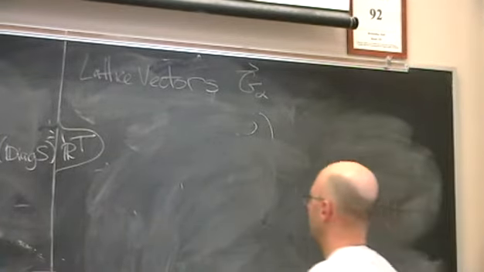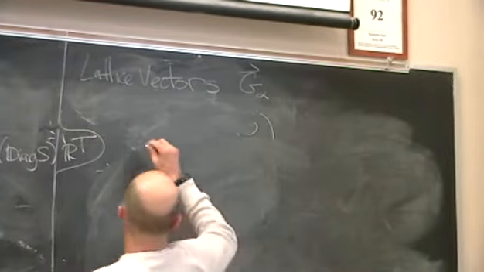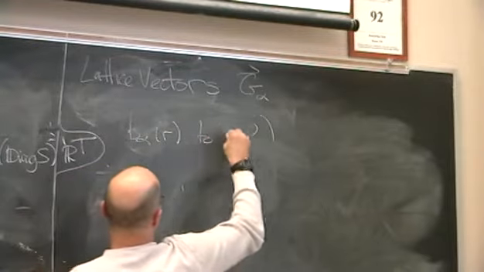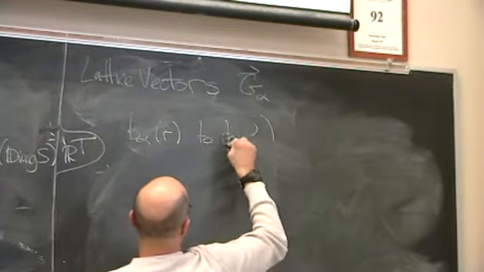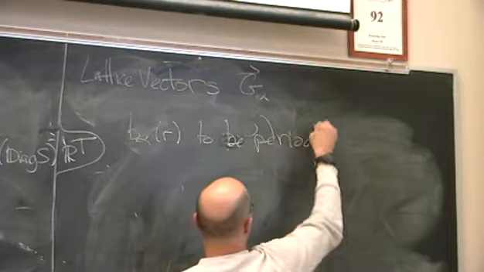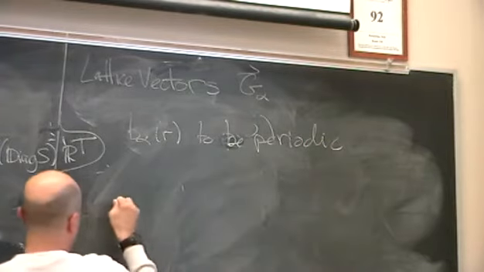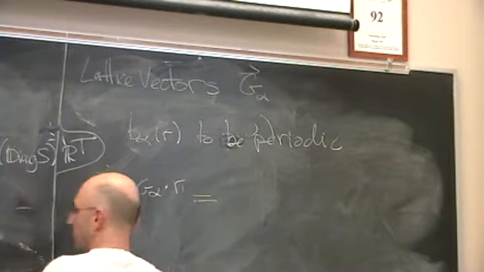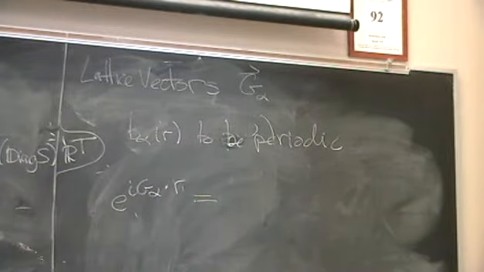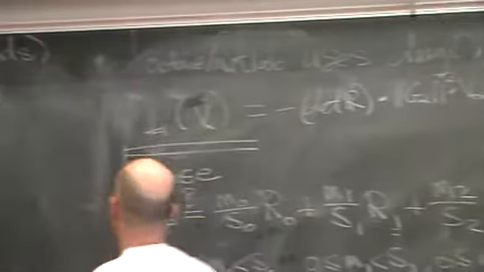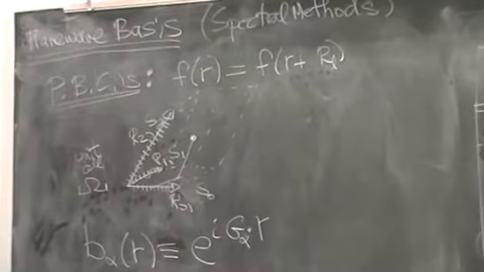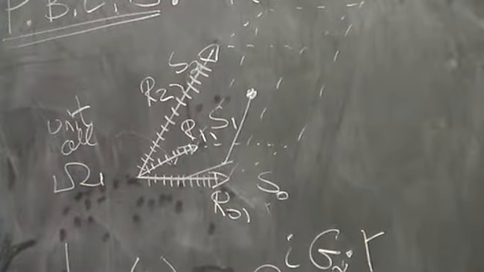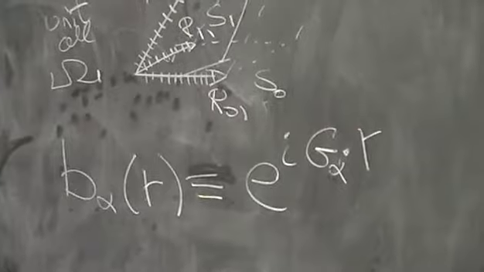Okay, basis functions. My basis functions have to obey, I want my B alpha of R to be periodic. And what that means is that e to the i G alpha dot R must equal, for all three possible lattice vectors R_L, e to the i G alpha dot (R plus R_L), for all three of those.